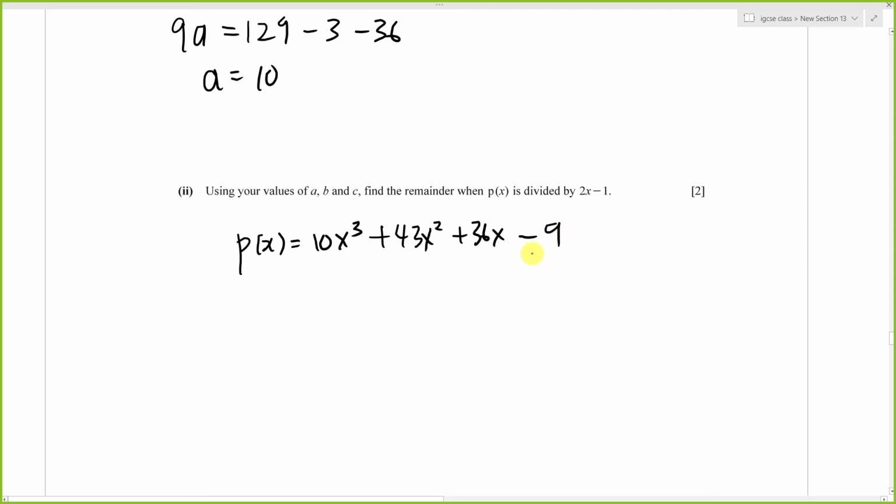They asked me to find the remainder when divided by 2x minus 1, so I need to find what value I should sub into the x here. So I will do 2x minus 1 equals 0, x equals 1 over 2. Then I will say p(1/2) equals my remainder.